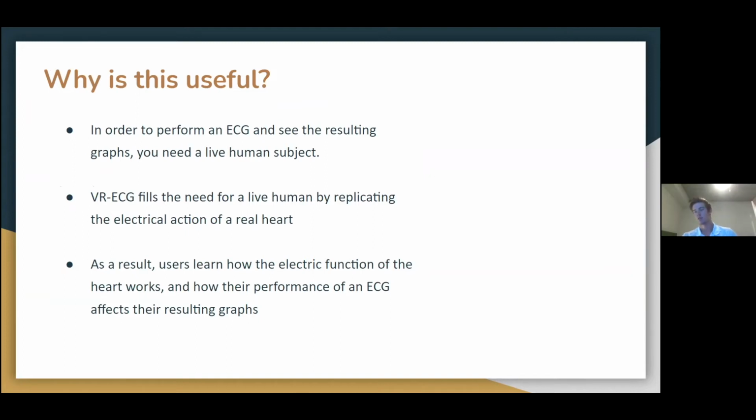So why is this useful? Why do we need a VR program for this? Why don't we just use what already exists? I think the biggest reason is, for one, to actually experiment with an EKG right now, to go beyond the tools that exist for just placing leads and learning if they're in the right spot or not, to see the actual output of the EKG you're performing, you need a live human subject.